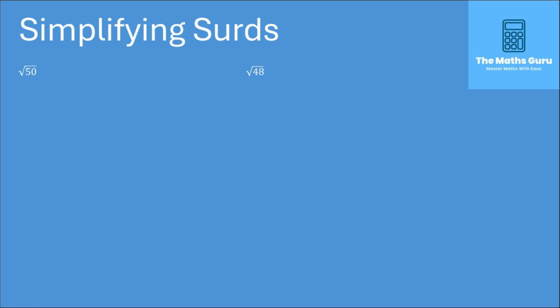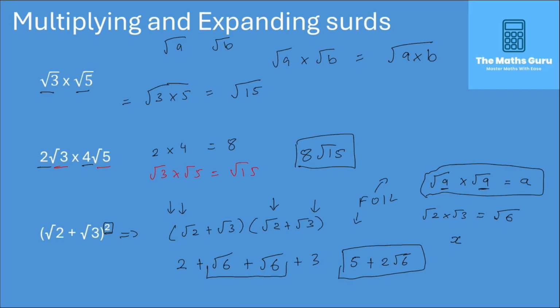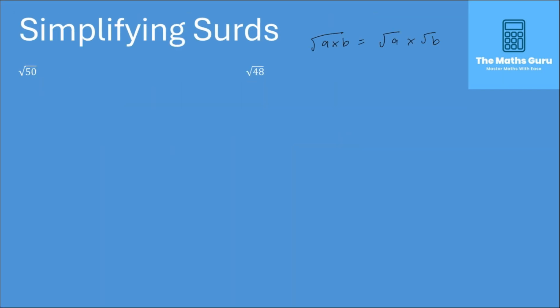Okay, now looking at simplifying surds, we need to work backwards from what we just learned. We notice that the square root of a times b is given by root a times root b, which is what we learned here, but in reverse order. To simplify these surds, we need to break down our root 50 into two square root functions, and we want one of them to be a square number.